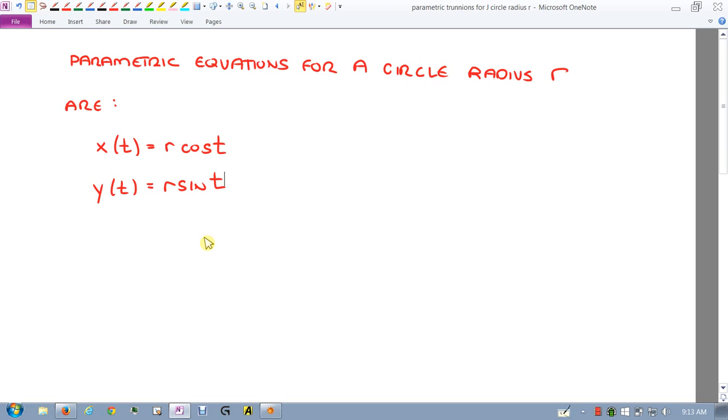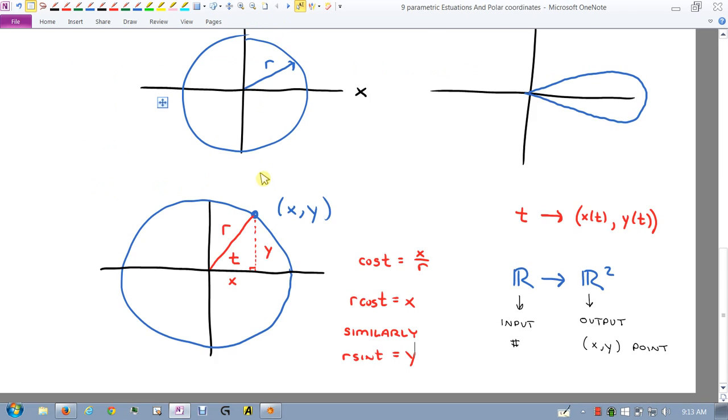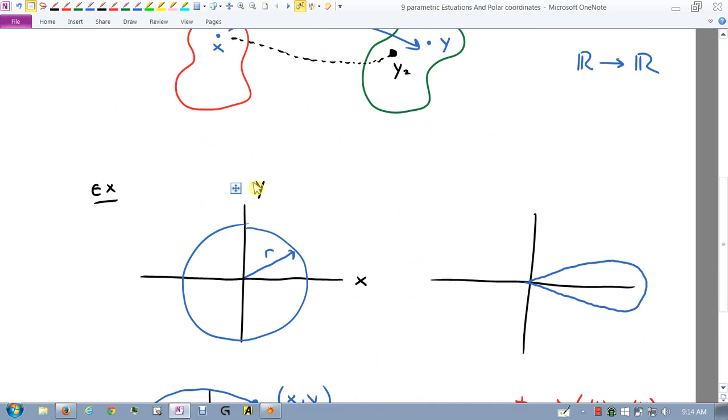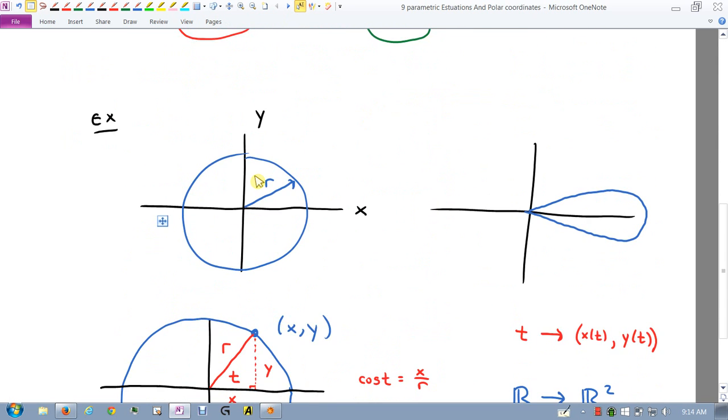Now, let's just check to see that this still is a function. Because remember, the reason why it originally failed the vertical line test, or the reason why it wasn't a function initially, was because on a circle right here, if you don't do the parametric equations and you try and do this with just a function of x, then when I plug a certain x value in, it would have to have had two outputs, right?